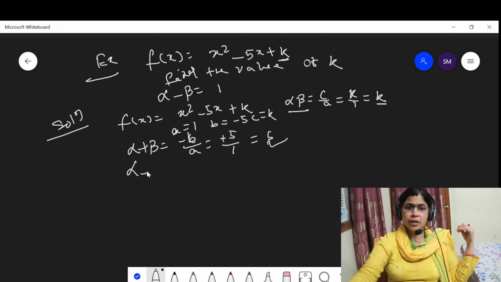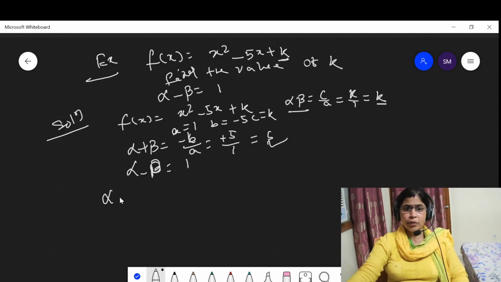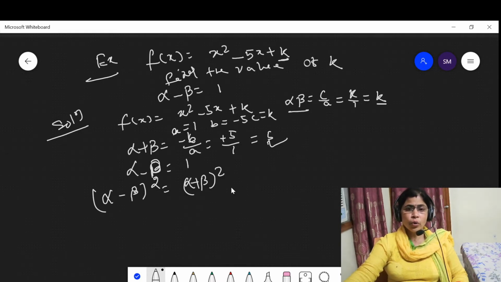And another piece of data is given here: alpha minus beta is 1. Here we have to find the value of k. Now let us find out. As you know, alpha minus beta whole square is equal to alpha plus beta whole square minus 4 alpha beta.